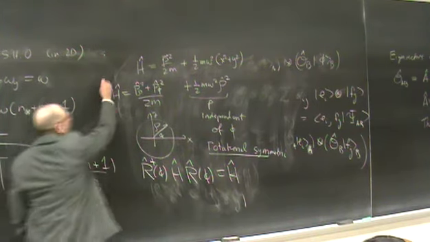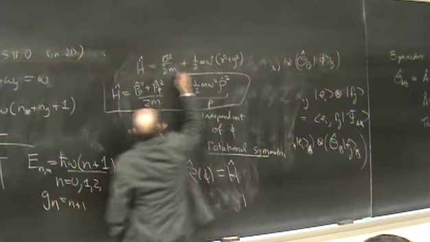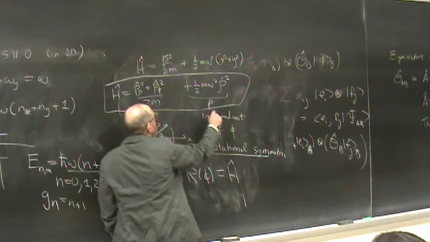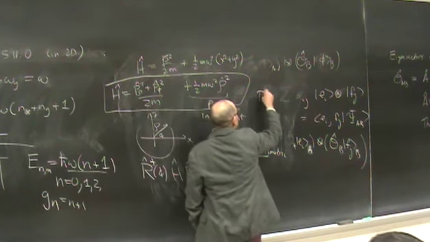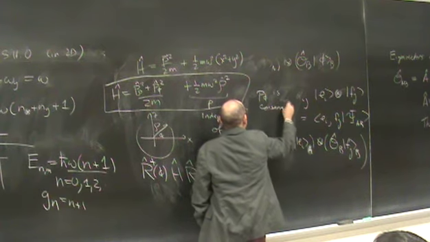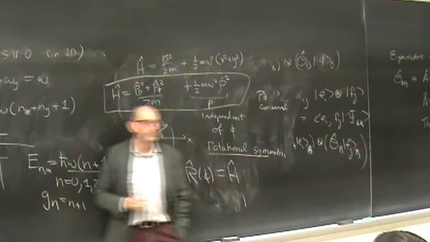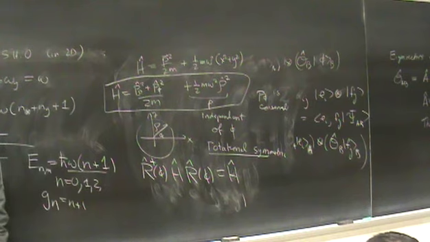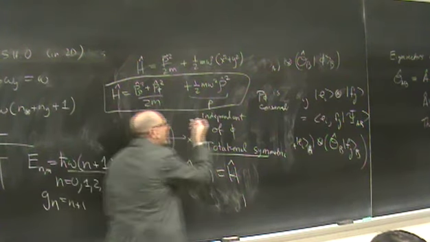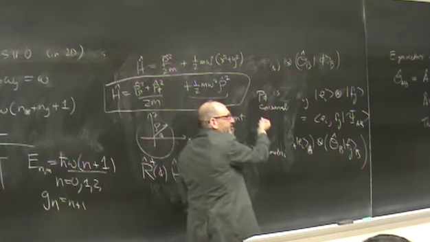We see that classically, because the potential is independent of phi, the conjugate momentum is conserved. Remember that from Lagrangian mechanics. So there's a conserved quantity. What is that conserved quantity?